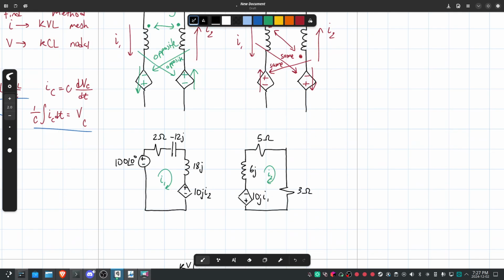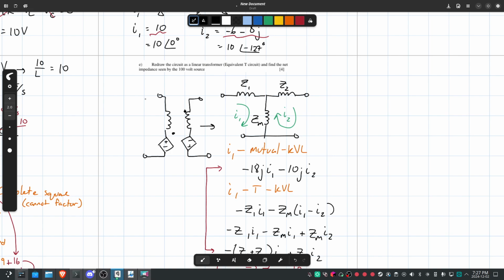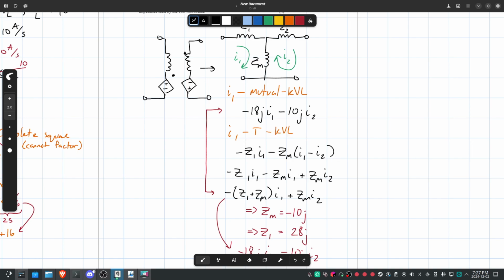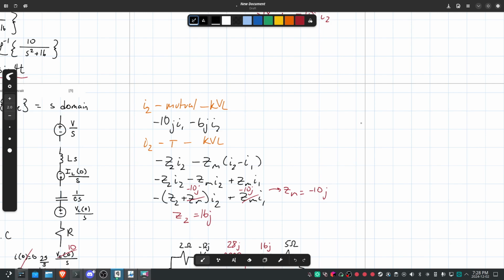So we compare the KVL of this to the T-junction KVL, and using that, we can compare and find Z mutual and Z1. So I1 finds us Z1 and Z mutual. Then we go to I2, and I2 will find us Z2 and Z mutual.